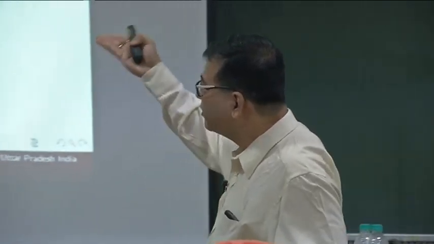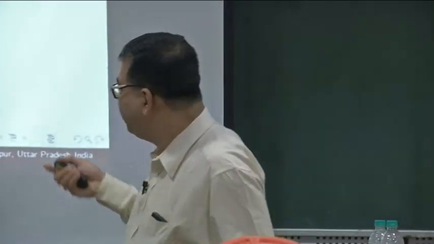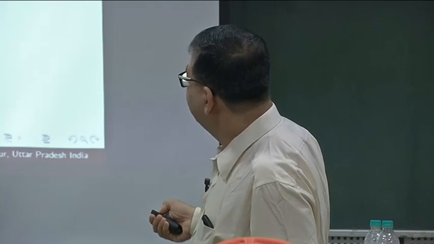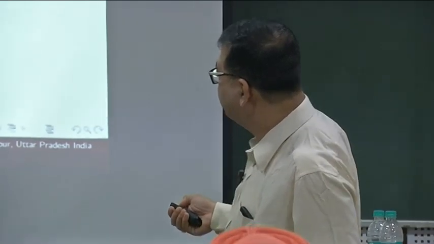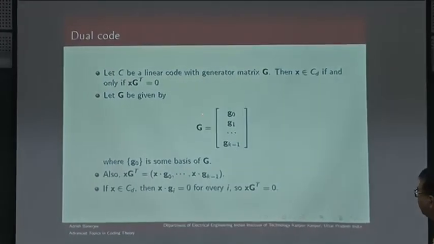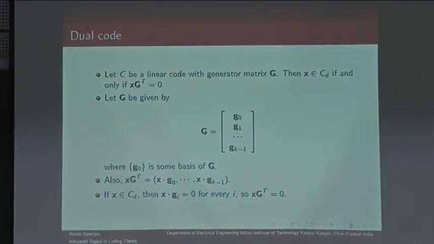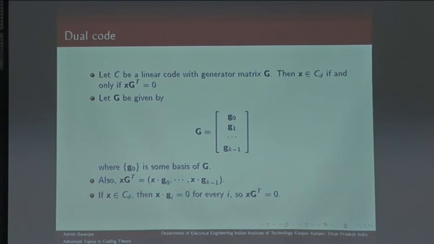Now, look at the generator matrix. How do we generate code words? We generate code words by linear combination of these rows. For example, for this linear block code C, if I have to generate code words, V will be U0 G0 plus U1 G1 plus ... plus U(k-1) G(k-1).